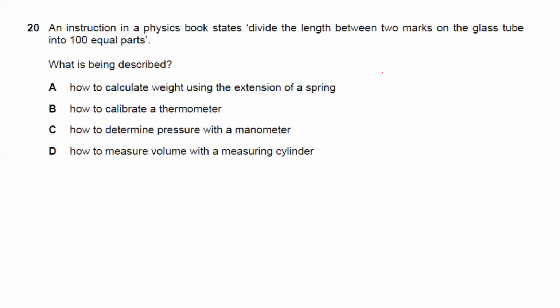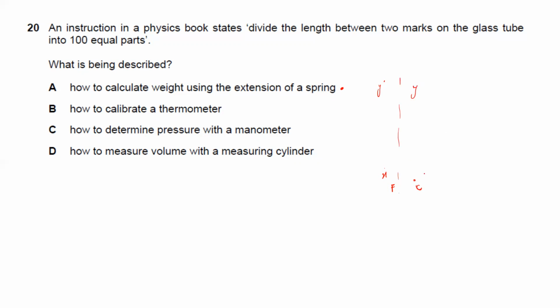We have seen previously in the same exam that a spring balance is a device that doesn't use a glass tube, so it doesn't look good. Keep this in mind, we have some doubts over it. How to calibrate a thermometer? A thermometer is a glass tube, with 100 points. A thermometer goes from X degrees Fahrenheit to Y degrees Fahrenheit, or say X degrees C to Y degrees C in centigrade.